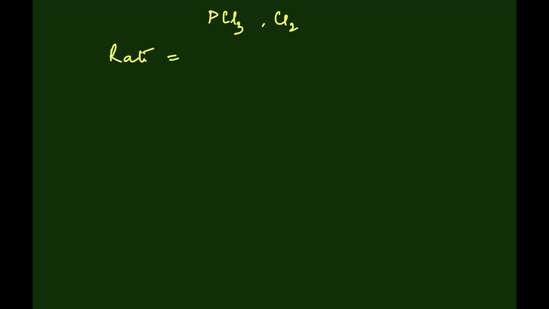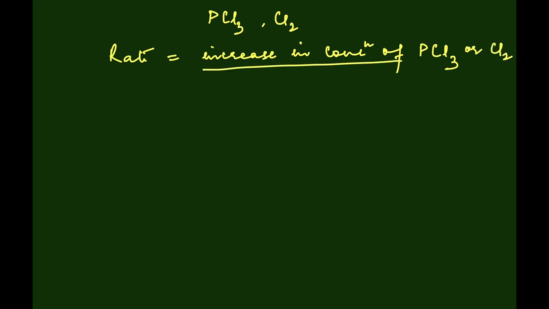Since the concentration of the products is increasing, you take either PCl3 or Cl2, so it will be increase in concentration of either PCl3 or Cl2 divided by time taken.